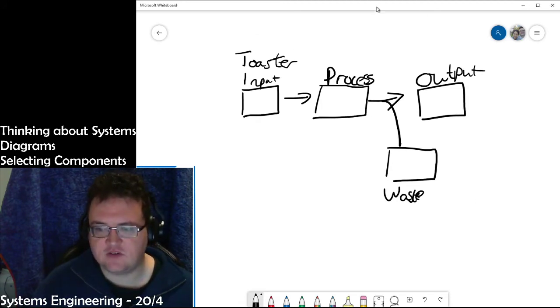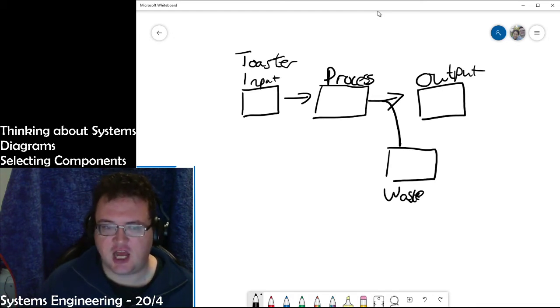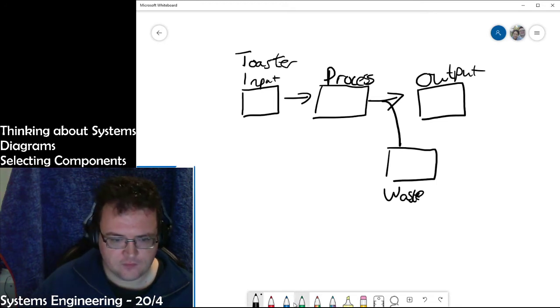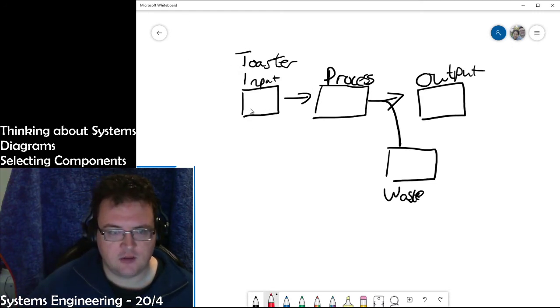So in the case of a toaster, can I get some suggestions in chat for what the input, the output, the waste, and the process might be for a toaster? Okay, so input. I've got two very different types of answers.